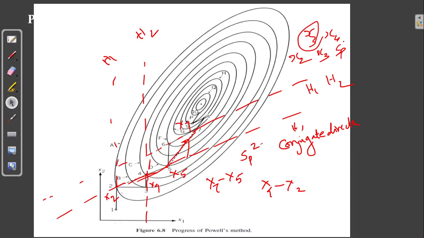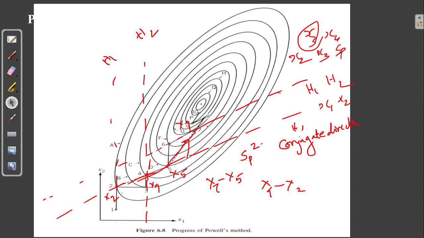But here only two coordinate directions, x1 and x2, are there, and x1 was eliminated previously, and x2 has recently been eliminated by the conjugate direction sp2. So we have no other coordinate direction to eliminate.